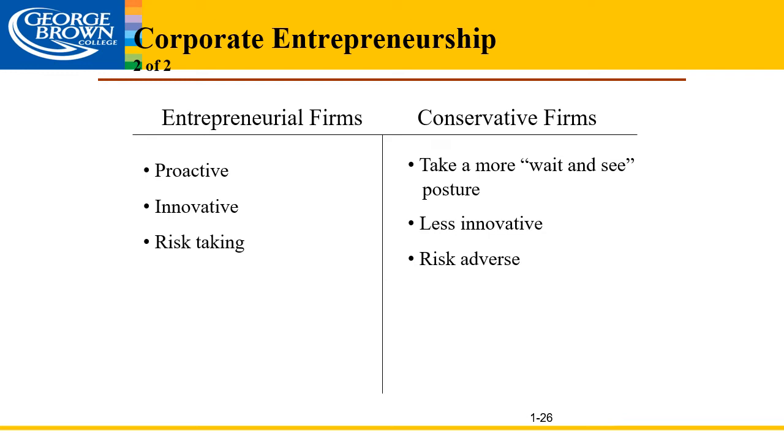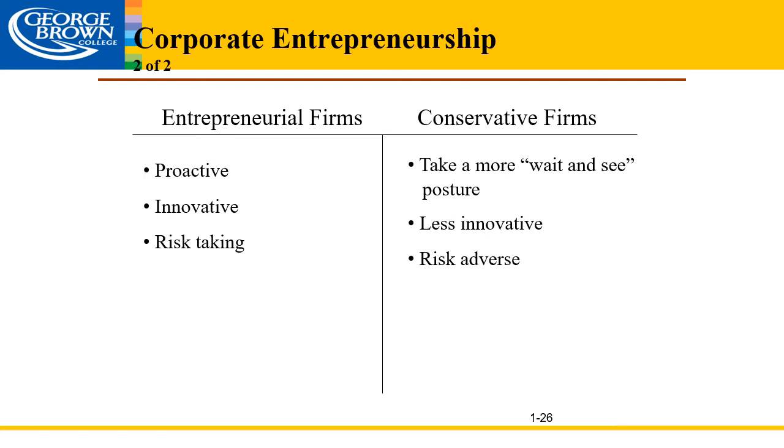Okay. The conservative firm on the other side of the spectrum takes a much more we'll wait and see posture. They want to see what works and what the market will accept, and then after they've observed some success from other businesses, then they'll make a move and make a change, right? What would be an example here? This is usually when you see substitute products.